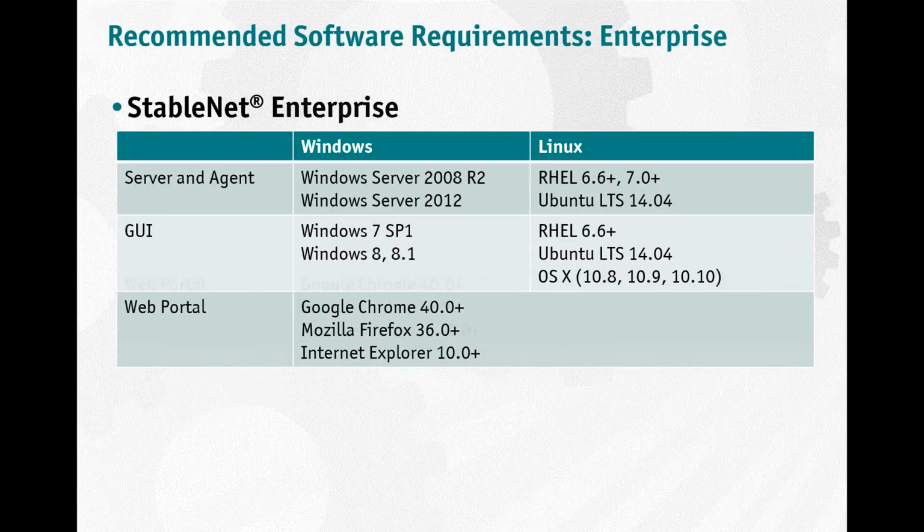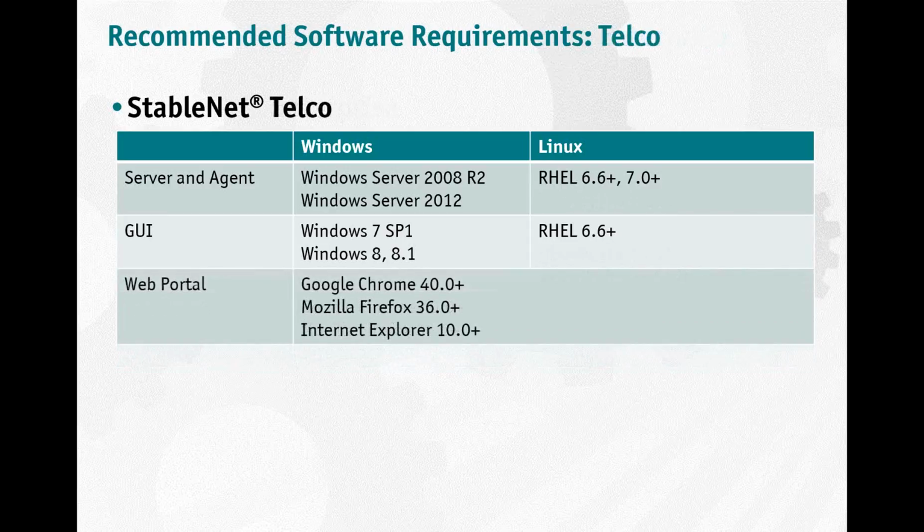And this is also the same for the StableNet Telco version, except for the Linux side. In here we only support Red Hat Linux anymore. So again here use Red Hat Linux 6.6 or above or 7.0 above for server and agent. And for the GUI you can use Red Hat Linux 6.6 and above.